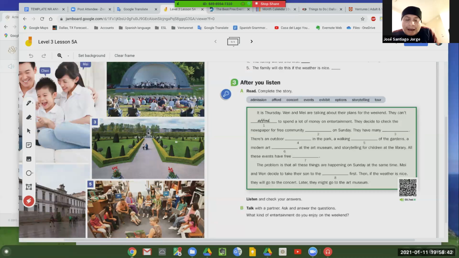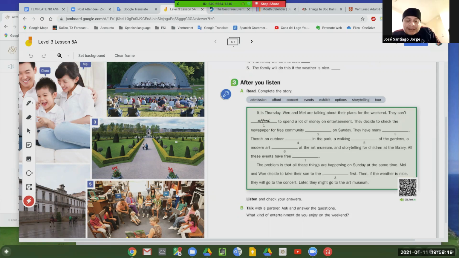There's an outdoor concert in the park, a walking tour of the gardens, a modern art exhibit at the art museum, and storytelling for children at the library.